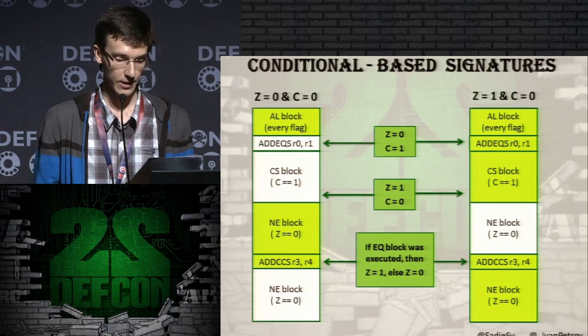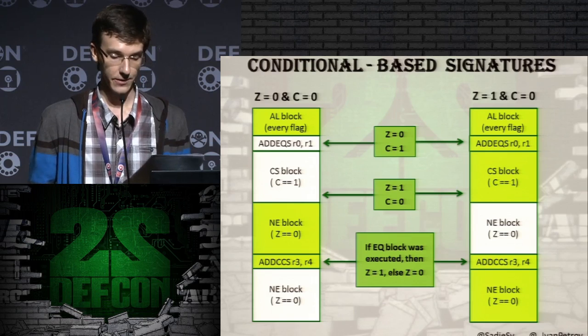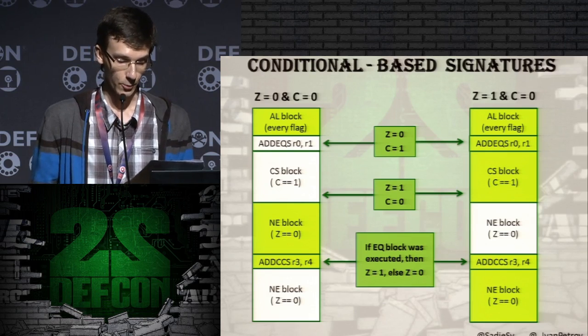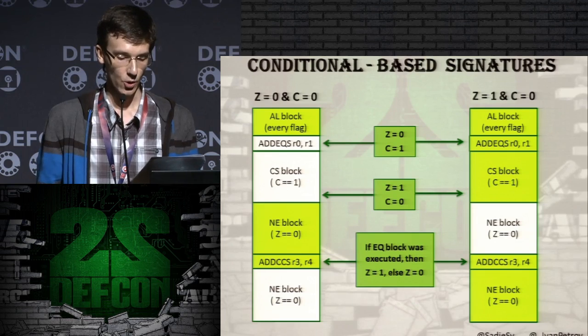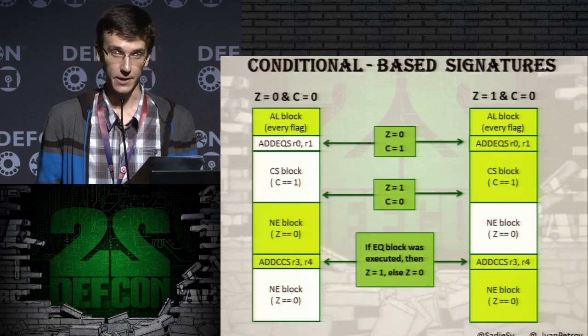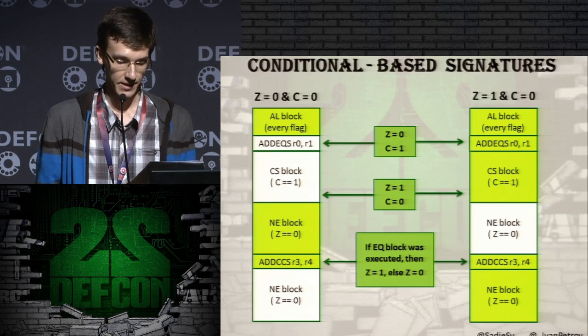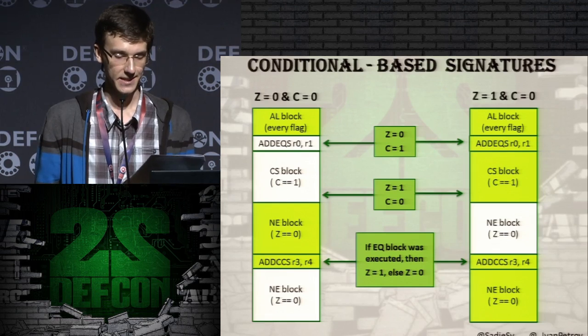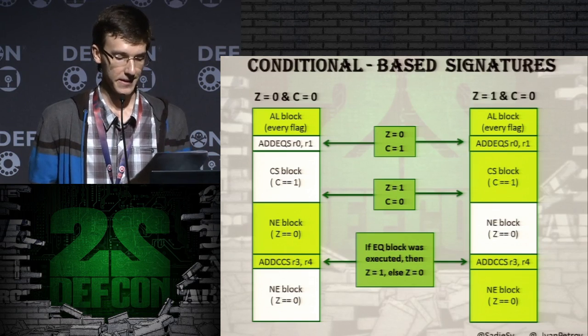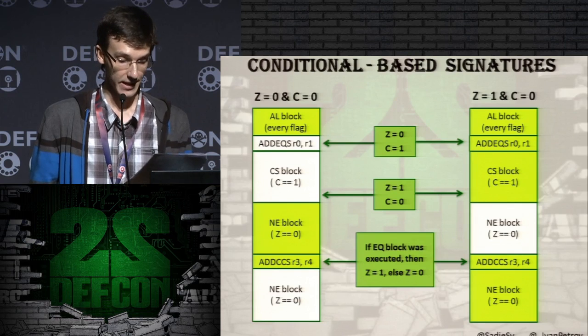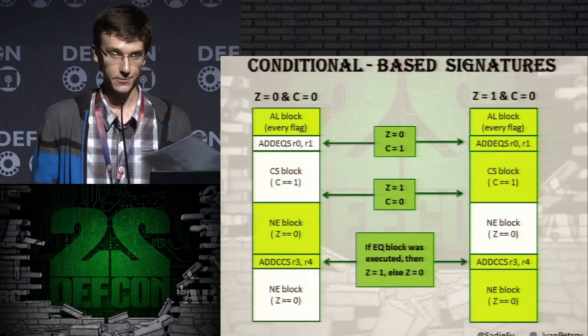It works when the carry flag is set to 1. After this block, there is an E block with instructions that execute only when the zero flag is set to 0. This block changes the R3 and R4 registers. So, the next add CCS instruction that executes in both emulations gives a different result. I mean, the same instruction in the same place gives a different result in different emulations.